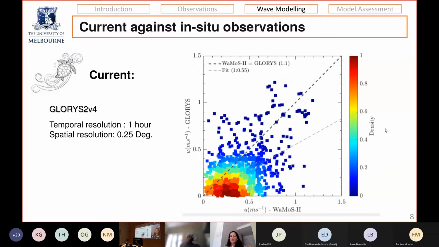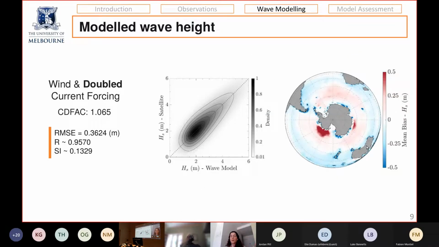So we thought, why not compensate for that by doubling our current and see, maybe if the current was actually right, we could see a change in our bias. Wow, yeah, but we couldn't. We doubled the current this time, fed it into the model, and again we saw maybe a slight reduction in the bias, but the main bias is still there.